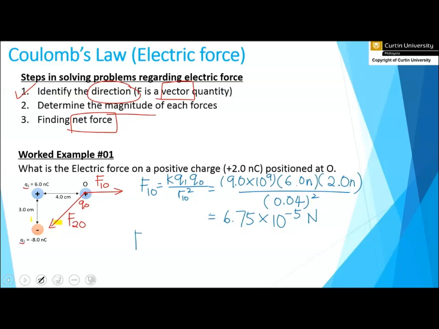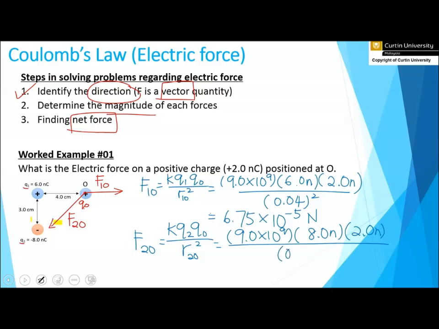Alright, now proceed to look for F2O, which equals K Q2 QO divided by R between Q2 and QO squared. So plug in the value. Now look at this Q2.